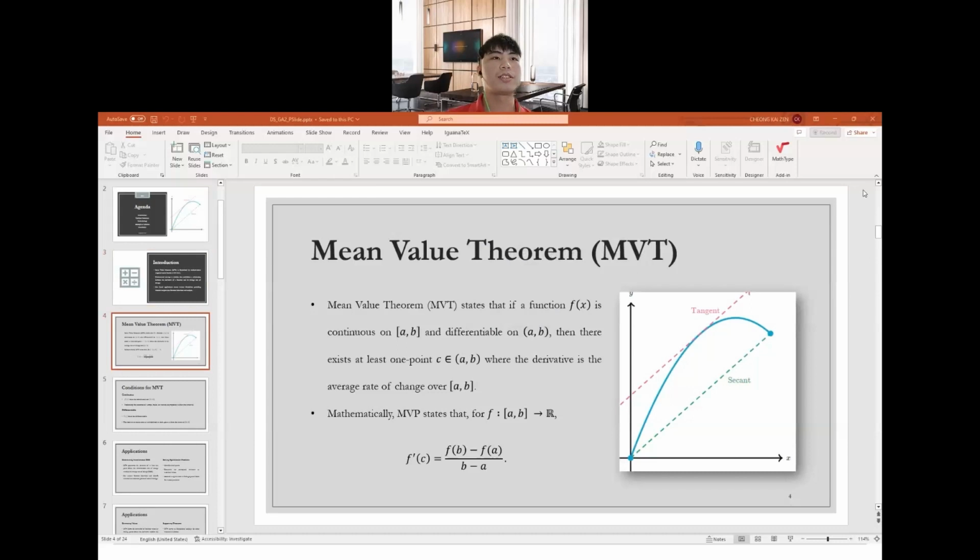It states that if a function f of x is continuous on a closed interval a to b and is differentiable on the open interval, then there exists at least one point, denoted as c, in the interval a to b, where the derivative equals the average rate of change over the closed interval a to b. In mathematical notation, it is written as f prime of c equals f of b minus f of a over b minus a.